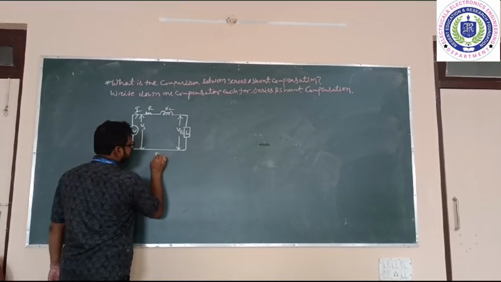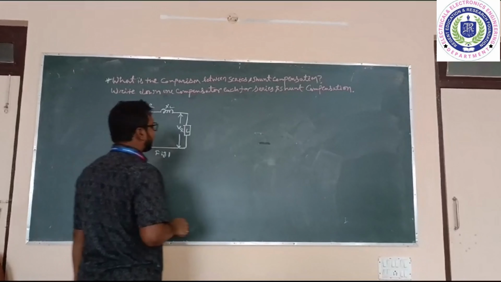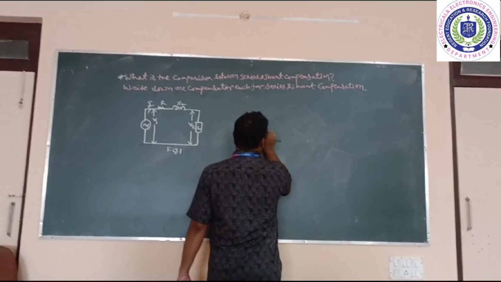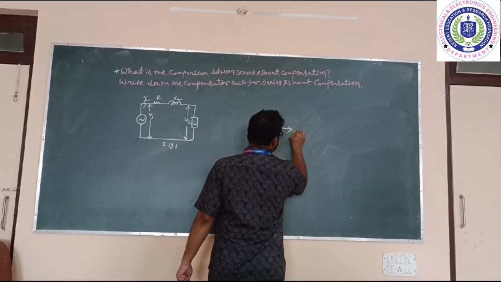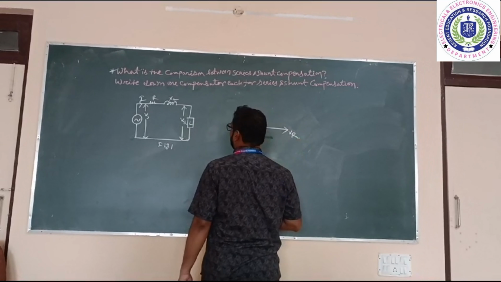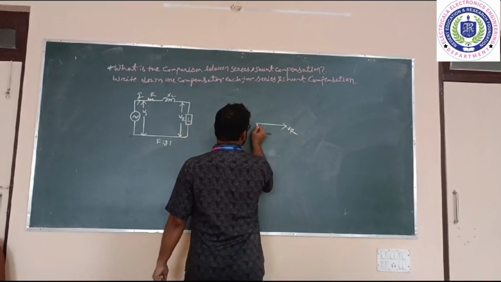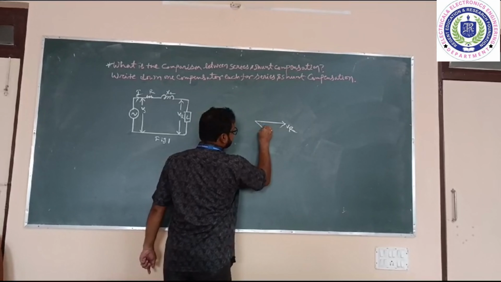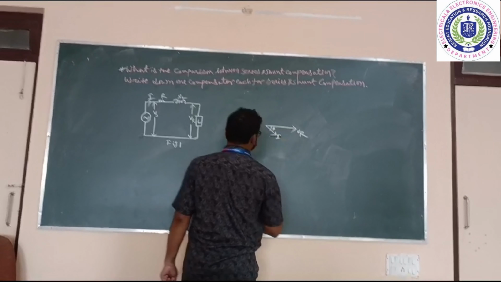Say this is figure 1. Corresponding to this circuit, you have to draw the phasor diagram. For drawing this phasor diagram, you have to take VR as the reference phasor, and we are considering an inductive load. Say I is lagging at an angle phi for this circuit.